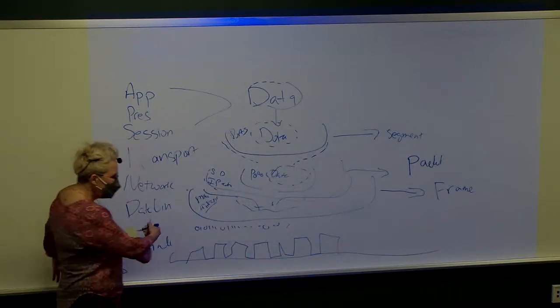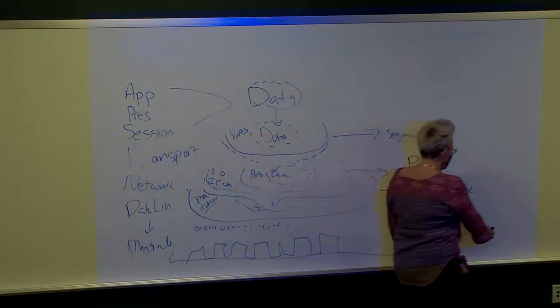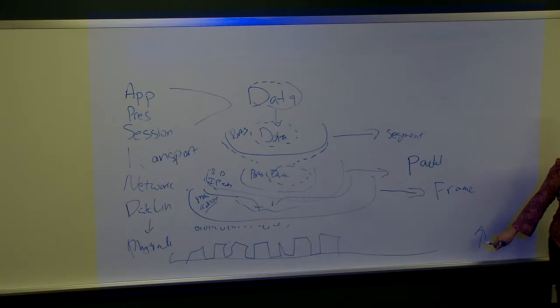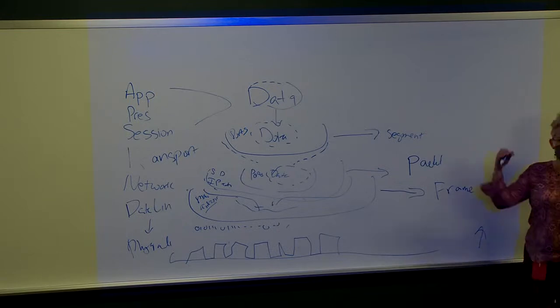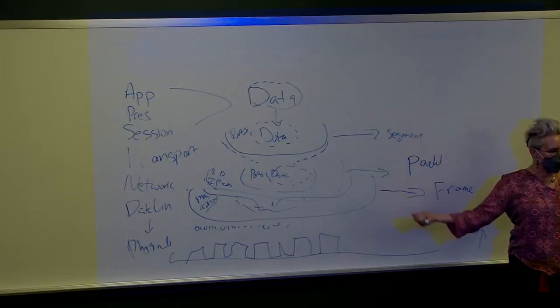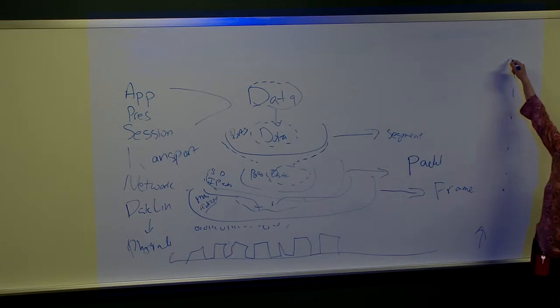Then it gets over here, and it gets what? Decoded. Then we start de-encapsulating it, right? We peel off the layers as we push it back up the OSI model.